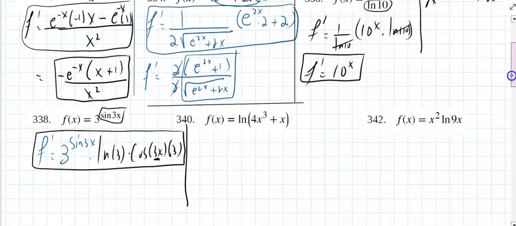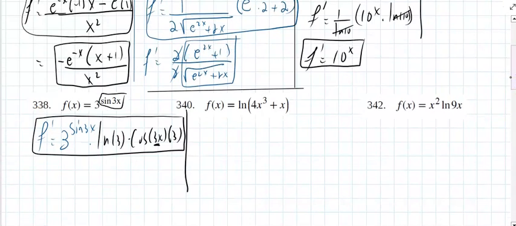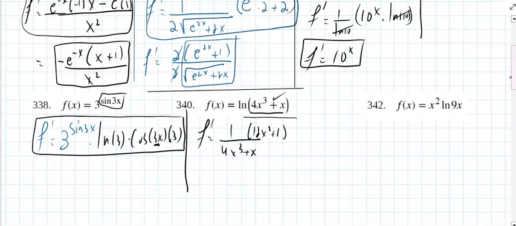So if it's not an x, I have to apply the chain rule. If this was natural log of x, I would have said 1 over x. When you take a derivative of natural log, we call this the argument, that's 1 over the argument. If the argument is not an x, you have to multiply by the derivative of that. And there it is.